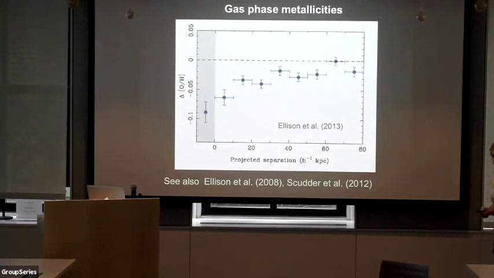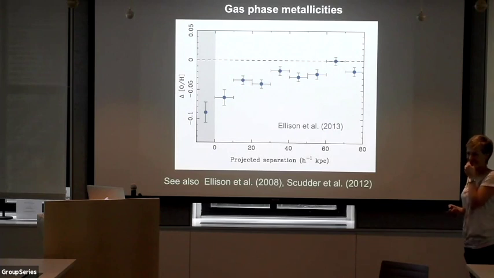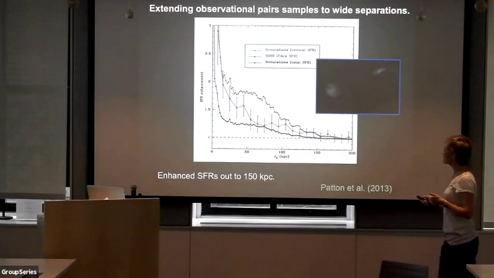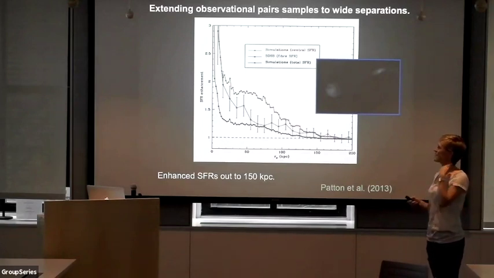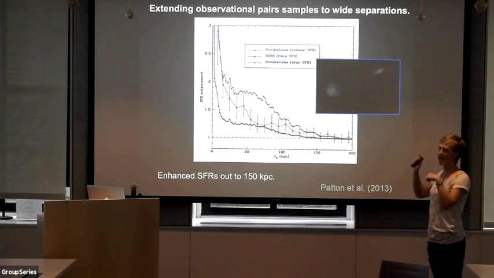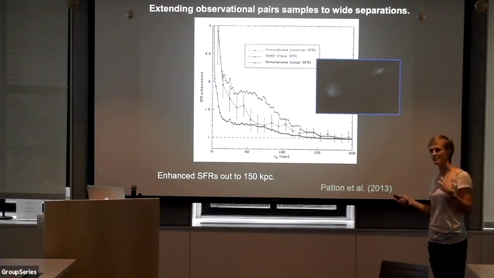So is there any way to separate this into the first infall ones? That would be so nice if we could do that. We tried. We thought, well, if they haven't yet had a pericenter, they're not going to have these strong tidal features. So we redid this analysis, separating out those where we could see tidal features and where we couldn't.